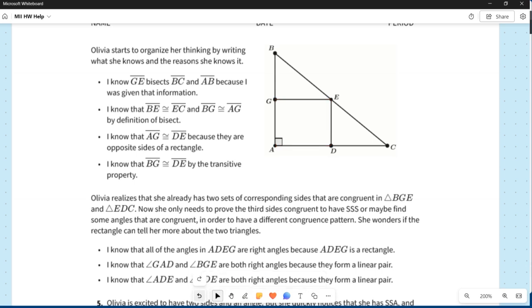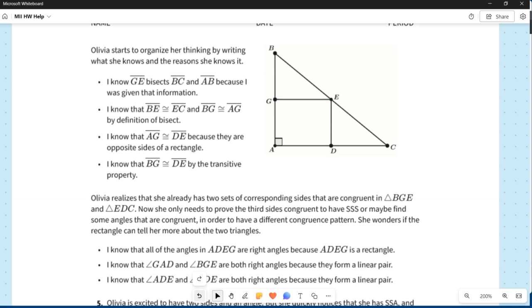And we are told that GE, which is this line segment right here, bisects both BC and BA. Okay? So, continuing on.